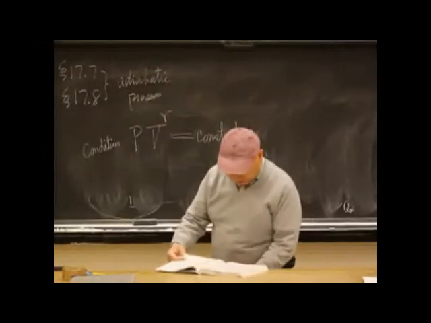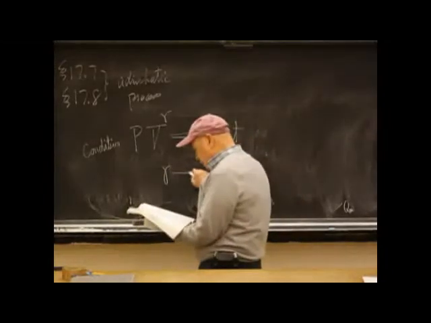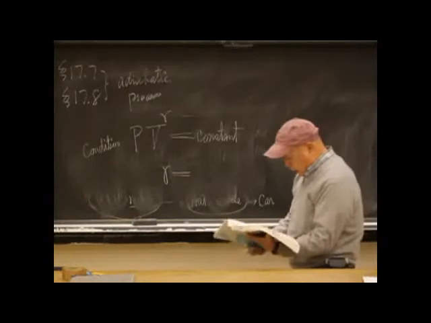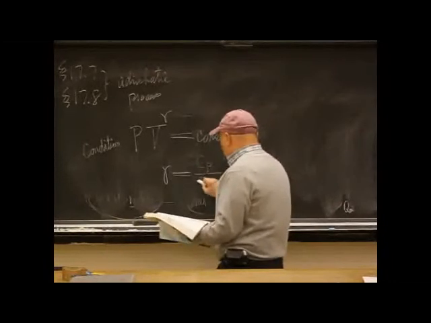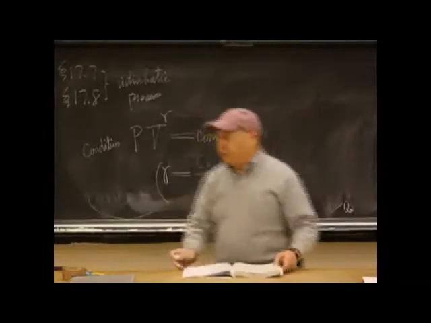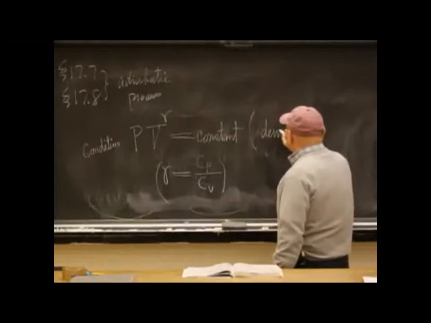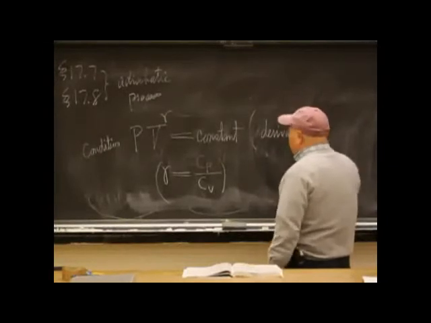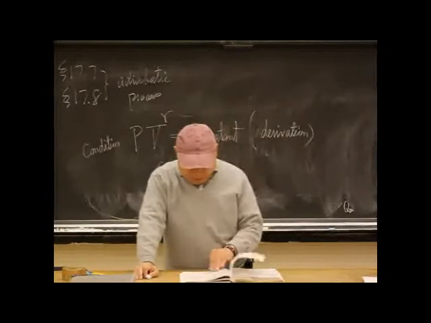Gamma is a constant, a ratio: the ratio between the specific heat at constant pressure and the specific heat at constant volume. This is called the derivation. PV^gamma is how you derive it. I need you to take a look at it, and I might give it as a test problem.